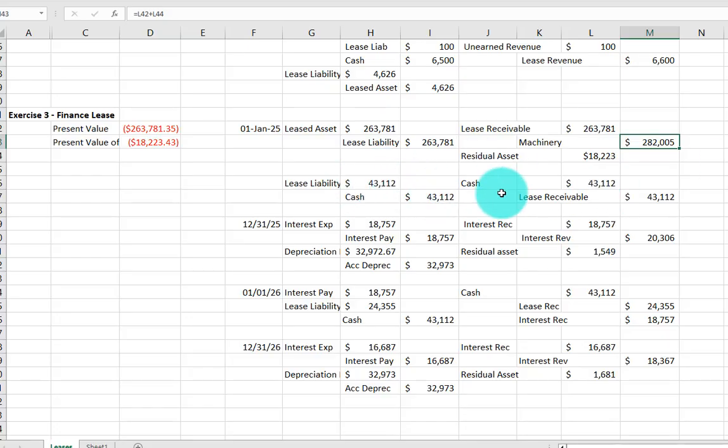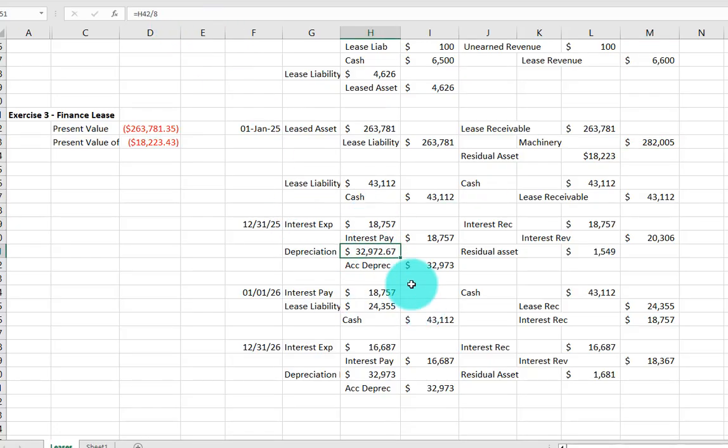Okay. First payment, just like before: lease liability in cash, lease receivable in cash. Then we have interest expense, interest payable. So on this side, it really does not look different than the other one that we did earlier, exercise 1. And we calculate the interest, we just do it on a different rate.